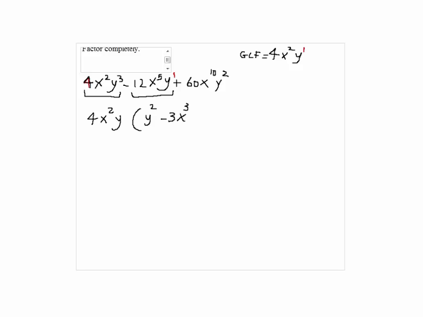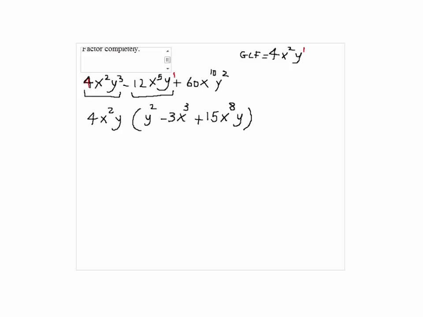What times the greatest common factor gives you the first term? Here we are missing y to the power of 2. And then what times the greatest common factor gives you the second term? 4 times 3 would be equal to 12. It would be minus 3, so it becomes minus 12. And we have to put x to the power of 3.